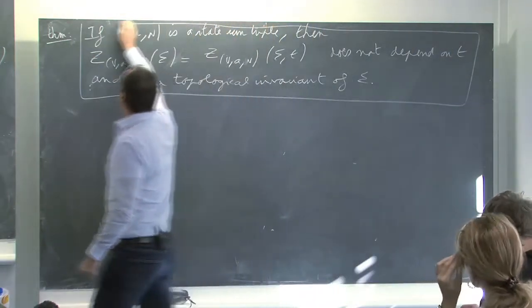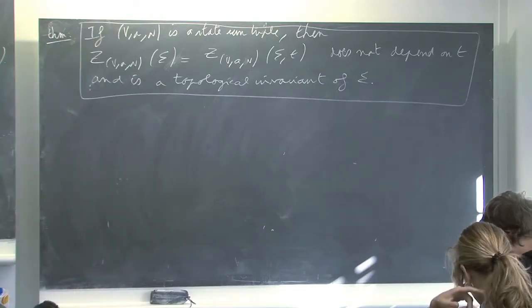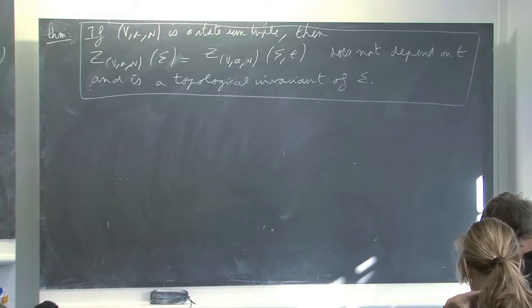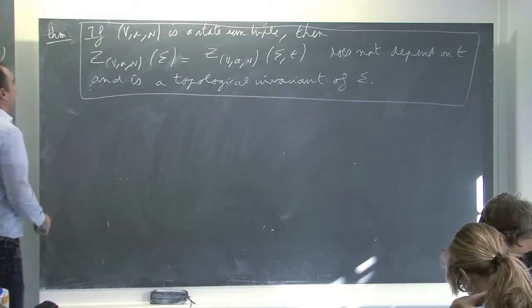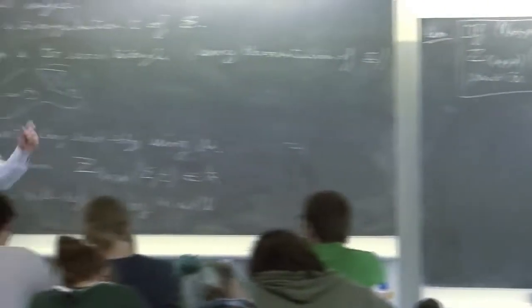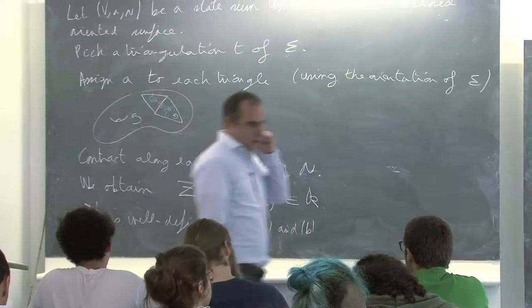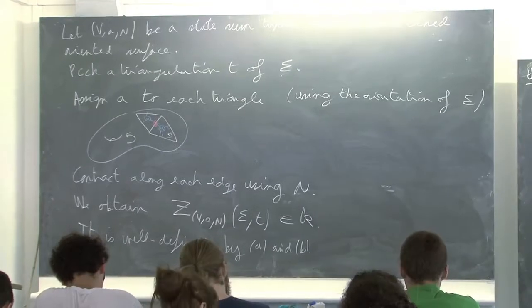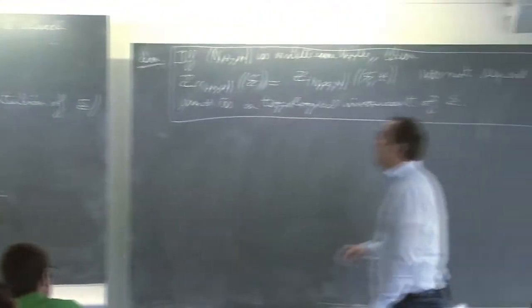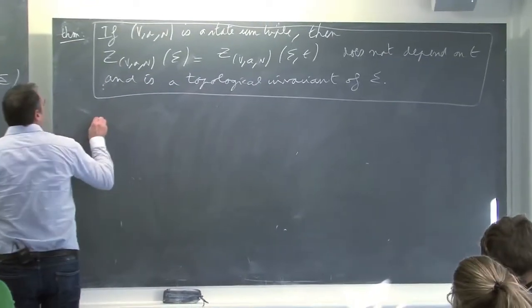Okay. So if you remember from last time, what do we have to verify here? We need to verify that this number is invariant under the Pachner moves and homeomorphism and isotopy.